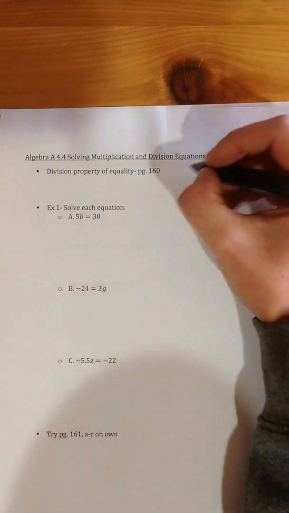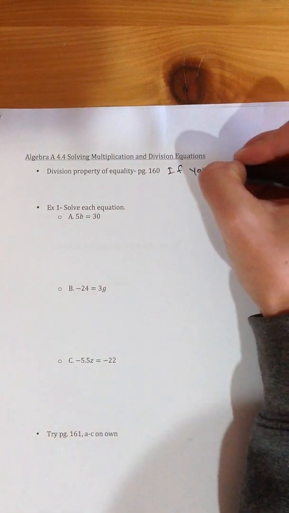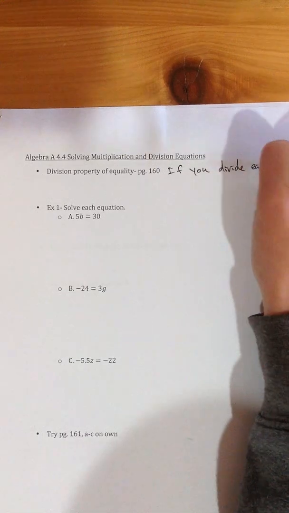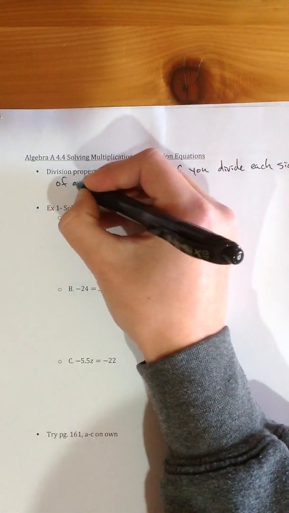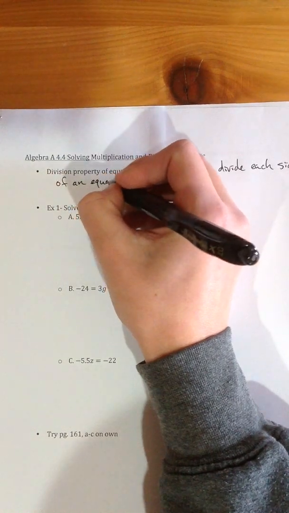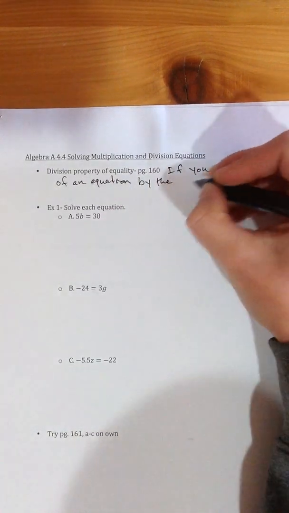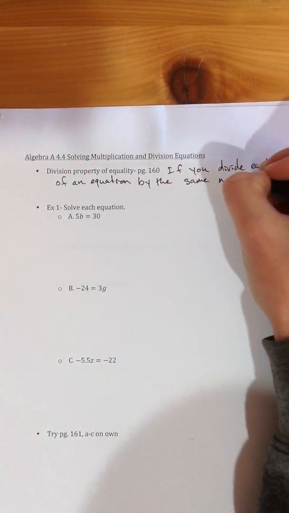So we'll write this in. If you divide each side of an equation by the same non-zero number, the two sides remain equal.